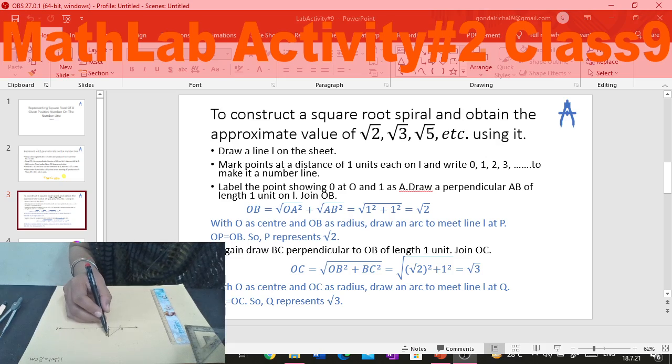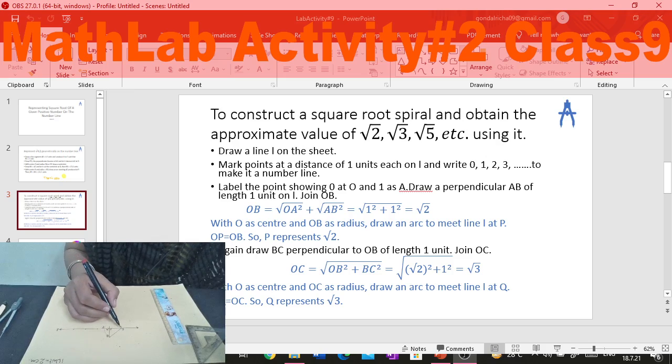Now OB is equal to OP. Why? Because these are the radii of the same circular region. If we draw the circle with radius OB or OP, we will get the same circle.